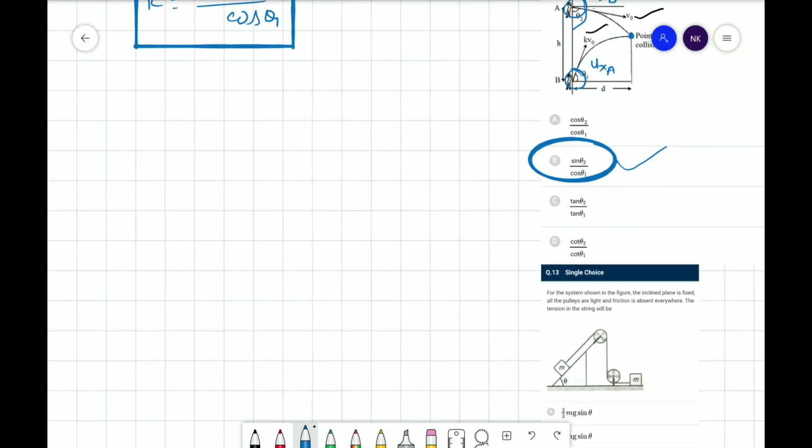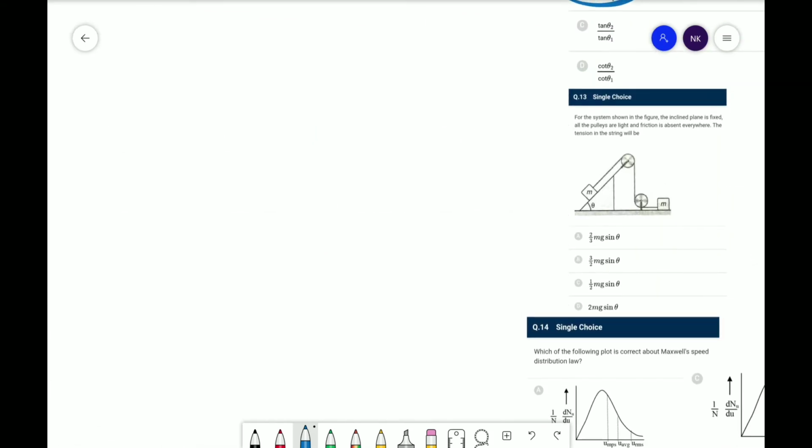In the next question, for the system shown in the figure, two inclined planes are fixed, all the pulleys are light and friction is absent everywhere. What will be the tension in the string? This is the tension T in the string, and this component is mg sin theta, because this one is mg cos theta.